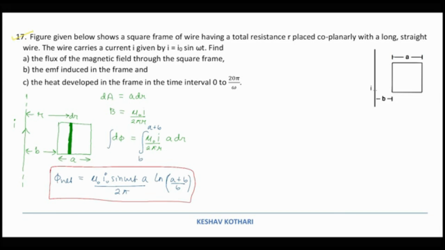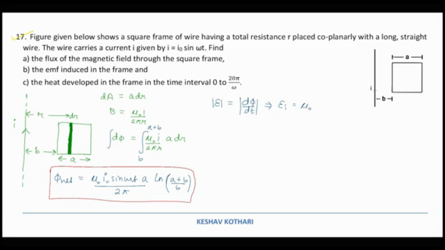So now the question is asking us the EMF induced. The magnitude of EMF induced is equal to the magnitude of d phi by dt. If we differentiate this expression with respect to time, we will attain the value of EMF induced, E I. Now mu naught I naught a upon 2 pi and the term in ln are all constant.